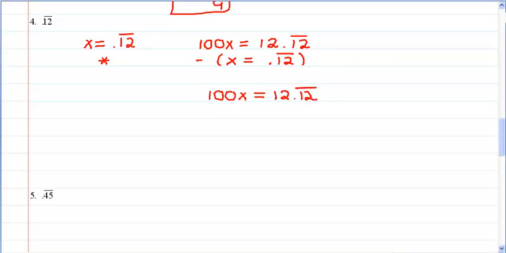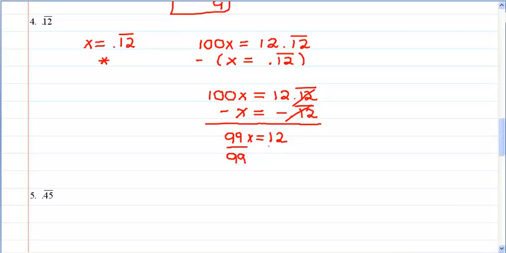So this negative multiplies by x, and I have negative x equals negative 0.12 repeating. 100x minus 1x is 99x, and then 12.12 repeating and the minus 0.12 repeating cancel, and I'm just left with 12. And as my final step in solving for x, I divide both sides by 99, and I get x equals 12 over 99.